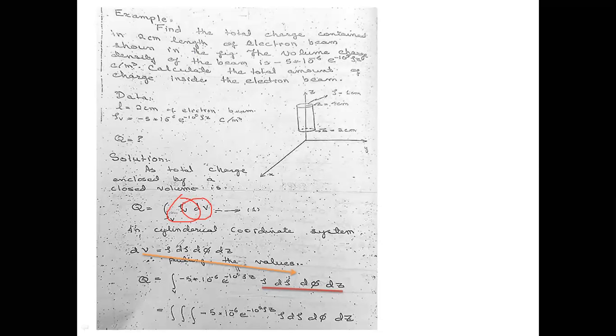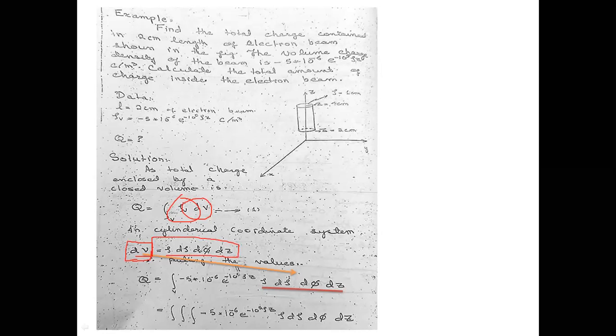We have already discussed the differential volume for the rectangular, cylindrical and spherical coordinate systems. Keeping in mind the differential volume for the cylindrical coordinate system, dv is equal to rho d rho d phi dz.